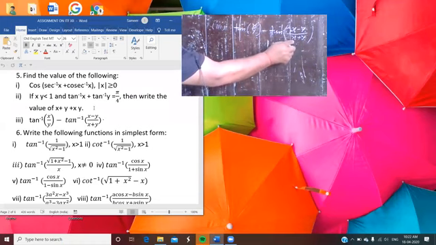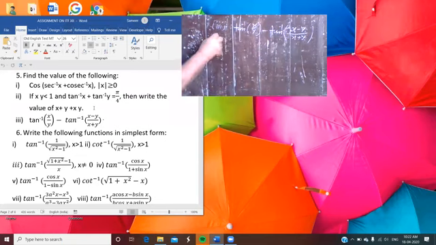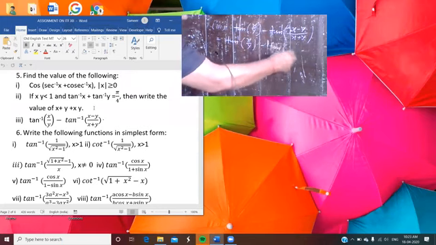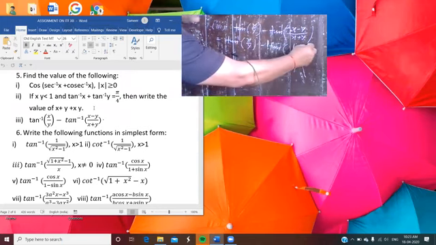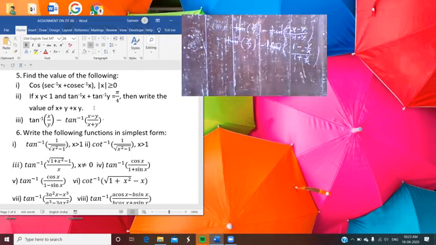Now think about that: when dividing the numerator and denominator by the same quantity x in the second term, what you have is tan inverse x upon y minus tan inverse of (1 minus y upon x) divided by (1 plus y upon x).